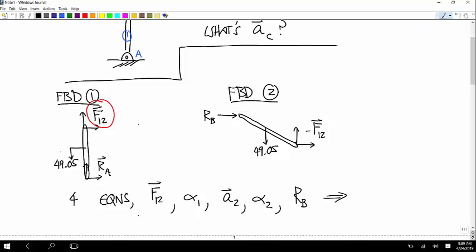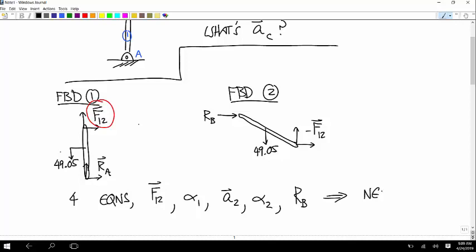Let's write this as a vector. We'll have an equation for the y component. Oh yeah, for member 2, exactly. So 1, 2, 3, 4, 5, 6, 7.